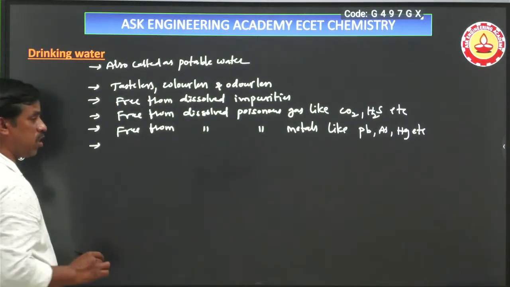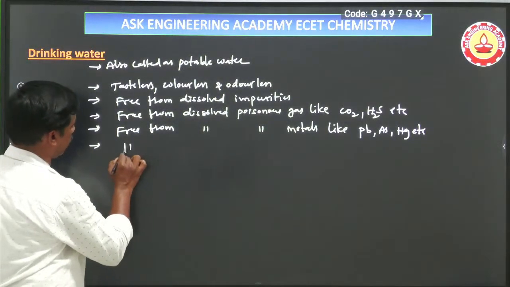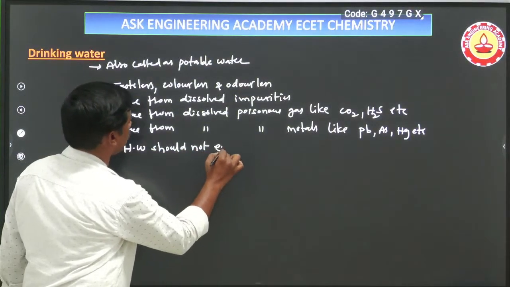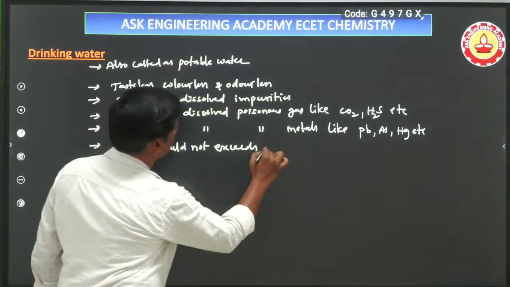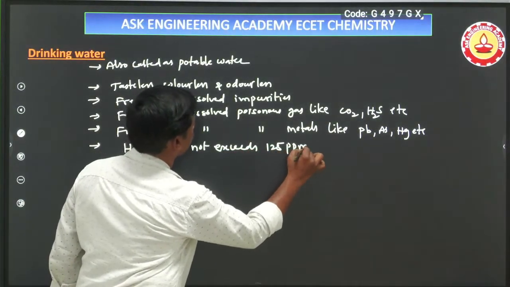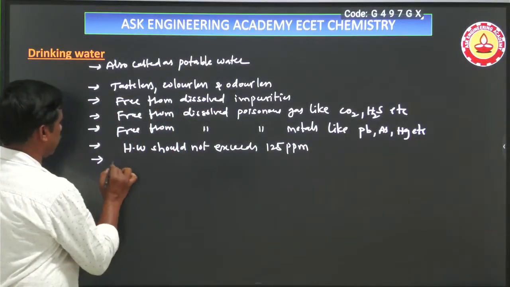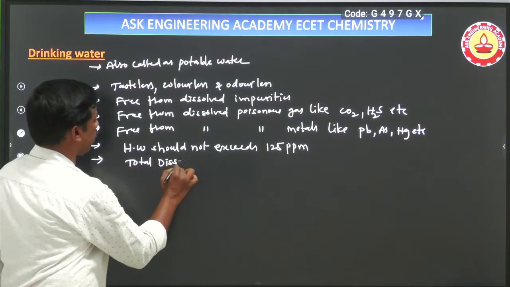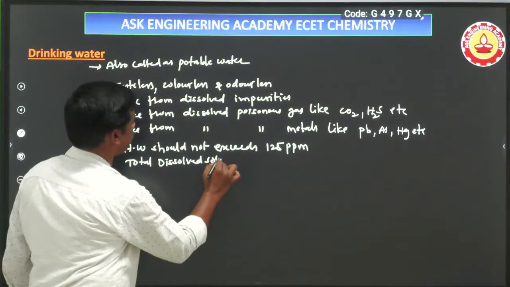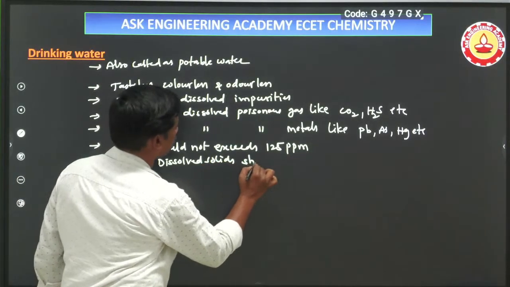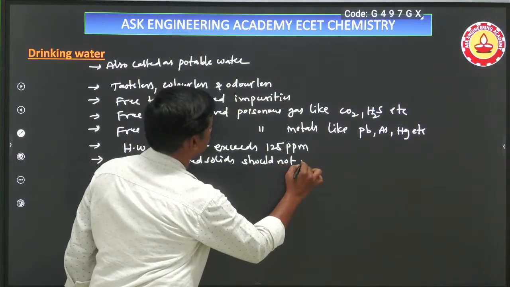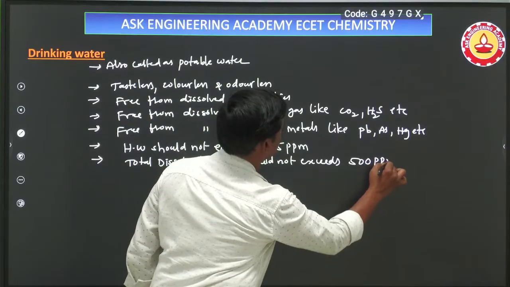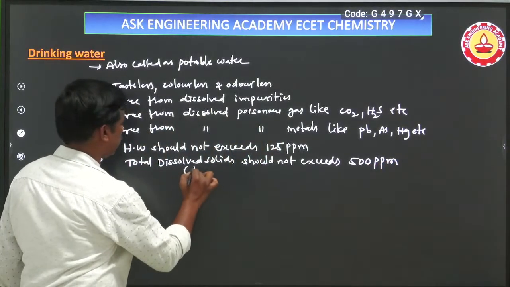Hardness of water should not exceed 125 ppm. Total dissolved solids, TDS, should not exceed 500 ppm, parts per million.